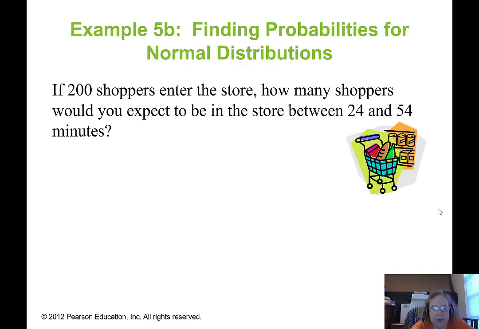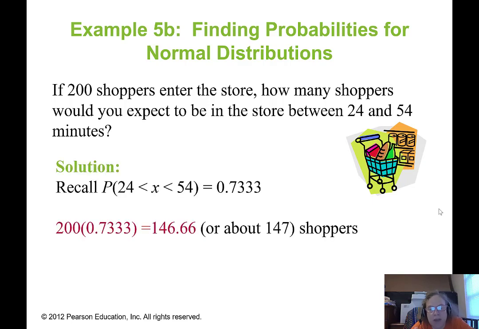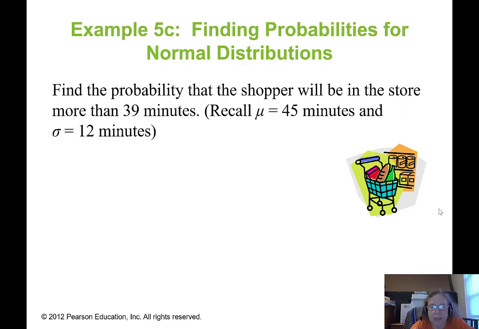This is a lot simpler than maybe it looks at first blush, because we already know the probability that someone's in the store between 24 and 54 minutes. That was 0.7333. So 200 shoppers enter the store, about 73% of them, or about 147 shoppers, are going to be in that store between 24 and 54 minutes.